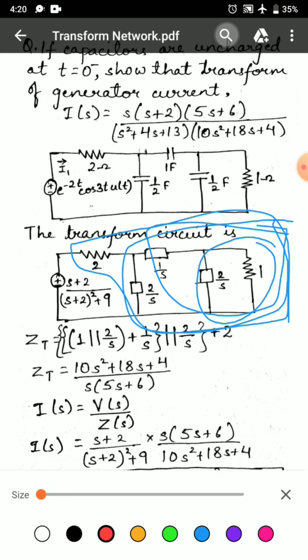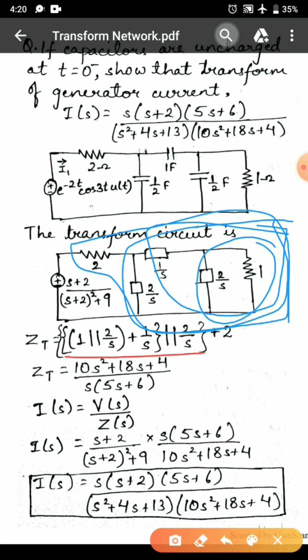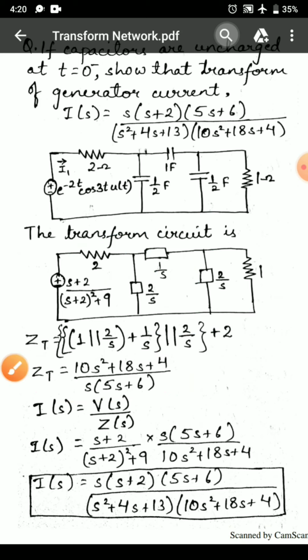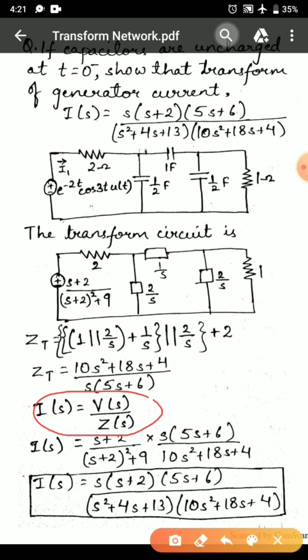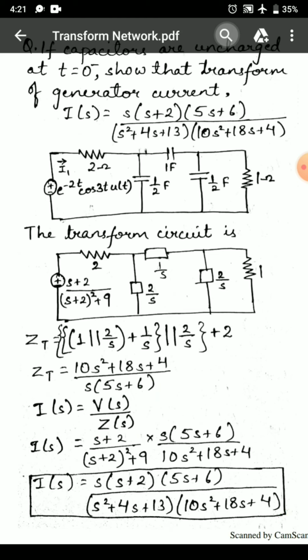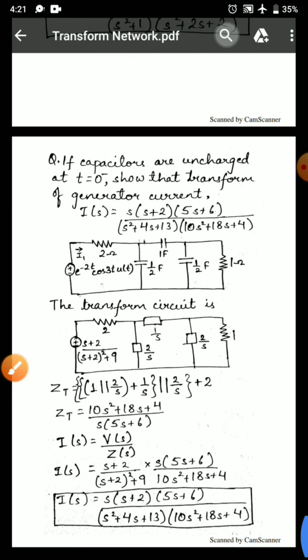On resolving this, we get Z total for the circuit as 10S square plus 18S plus 4 upon S into 5S plus 6. According to Ohm's law, we know I of S is equal to V of S upon Z of S. Substituting the values of V of S and Z of S, we get this particular equation, and the question is hence proved. Thank you.